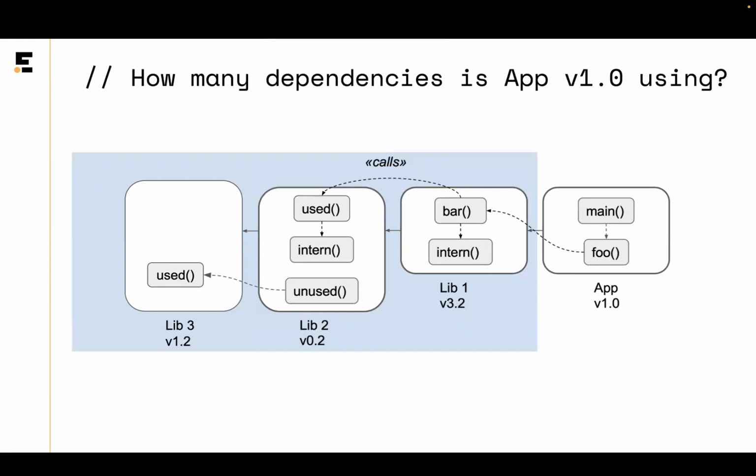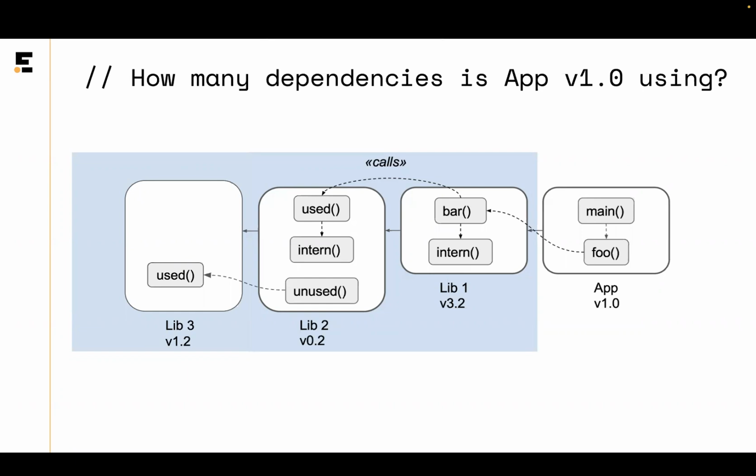Having this example, we ask ourselves how many dependencies app version 1.0 is using. If we use the metadata-based approach, we have app version 1.0, lib1 version 3.2, lib2 version 0.2, and lib3 version 1.2.